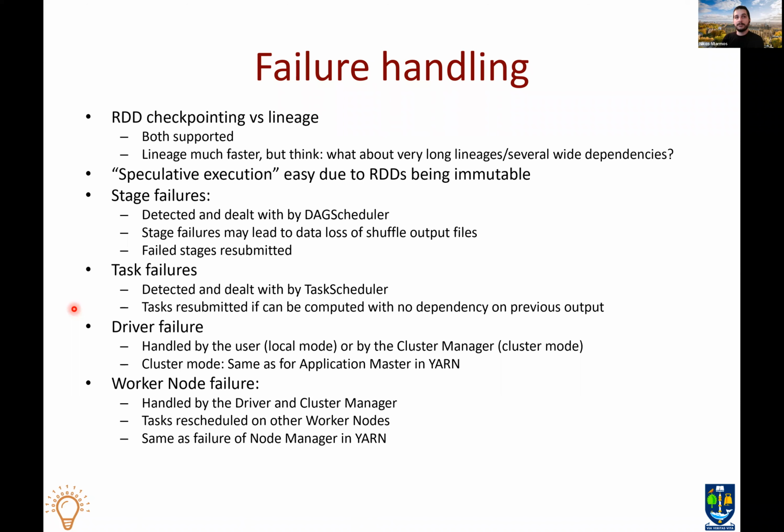In that case, whatever tasks were scheduled on that worker node will be rescheduled on other worker nodes. And this is pretty much the same as losing a node manager in Yarn. And if we lose the cluster manager, then that's a much larger problem. This is the same as losing the resource manager in Yarn.